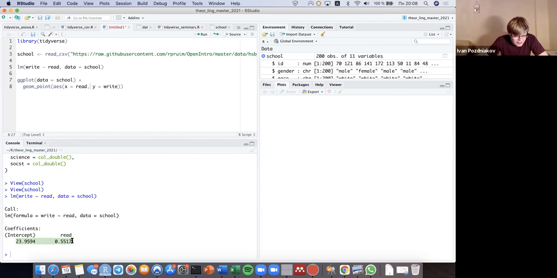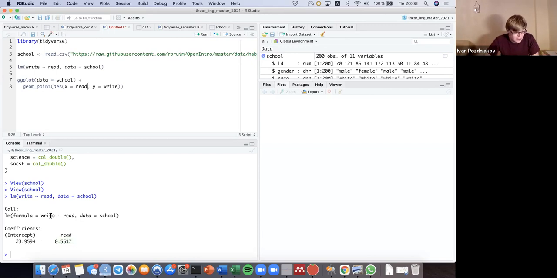Yeah. So these two coefficients are coefficients of this line, this linear regression. Every line you can define with two numbers, the intercept and the coefficient for x.